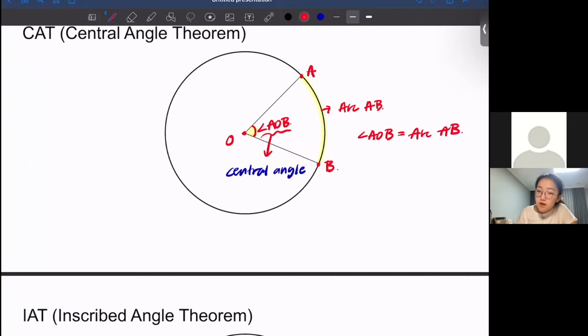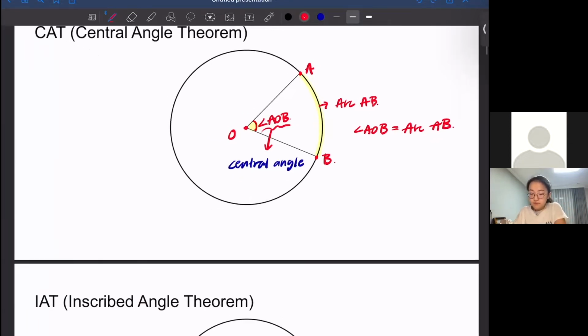So this applies to any central angle of the circle. It can be this size, but this might vary depending on who your teacher is. My teacher told me that the central angle should be a minor arc, which is smaller than 180 degrees. But in most cases, they won't really specify these rules, and these will probably work.